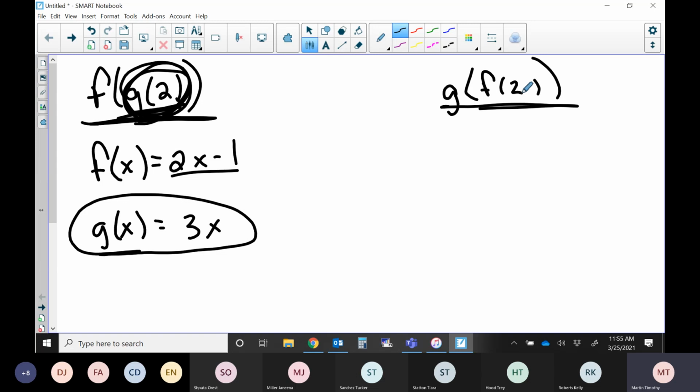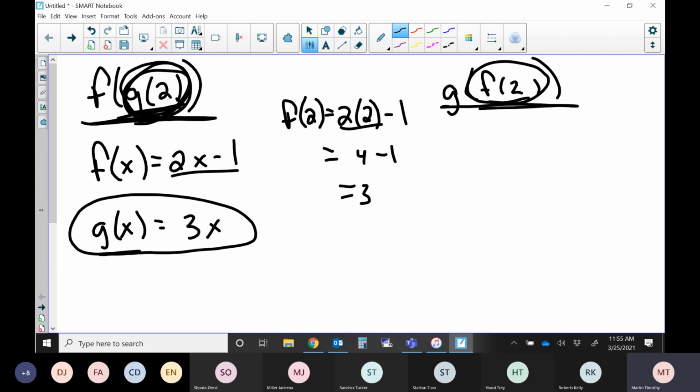Sorry. So what you should have done, if I would have done this correctly, is you should have taken f at 2. So this would mean f at 2, which is going to be 2, replace the x. Notice I always use parentheses when I plug it in. So this turns into 4 minus 1, which is 3. And that means that f at 2 is really equal to 3.